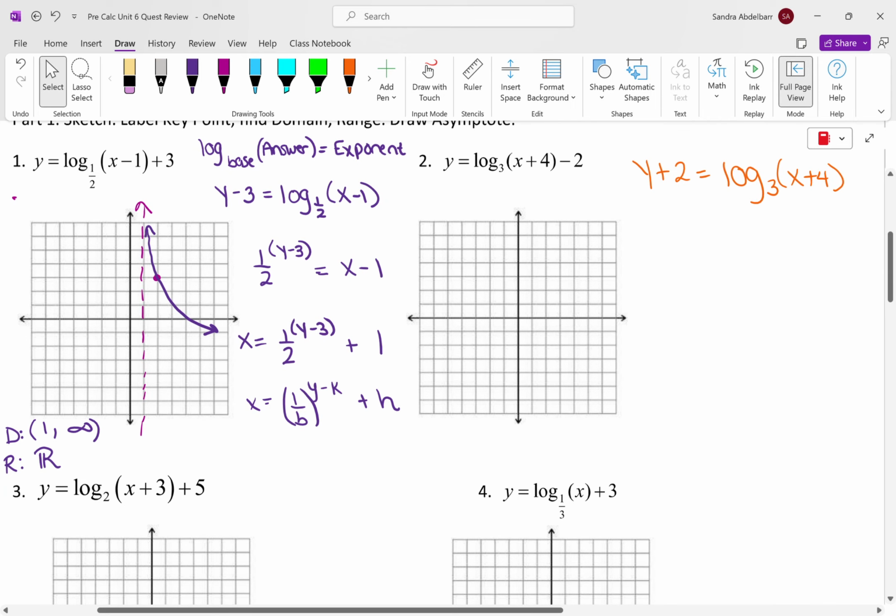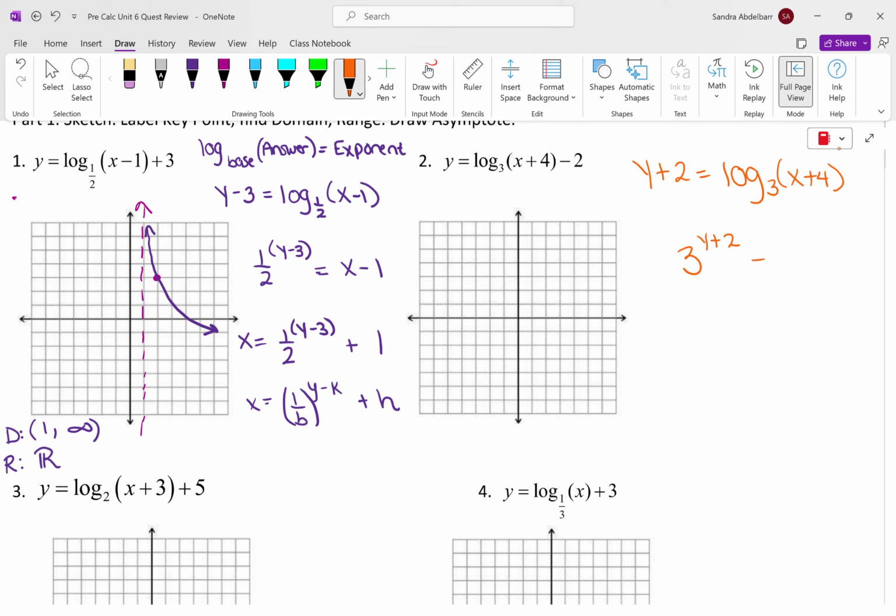And now I'm going to change this into exponential. So my base is 3. What's my exponent? Y plus 2. And that's going to equal my argument, which is x plus 4. But we're not done yet, because when it comes to graphing this, I need the x by itself.